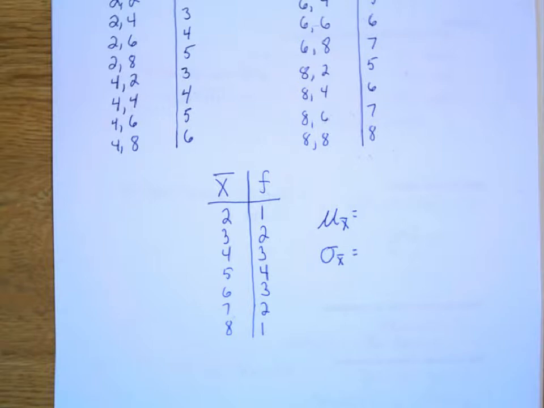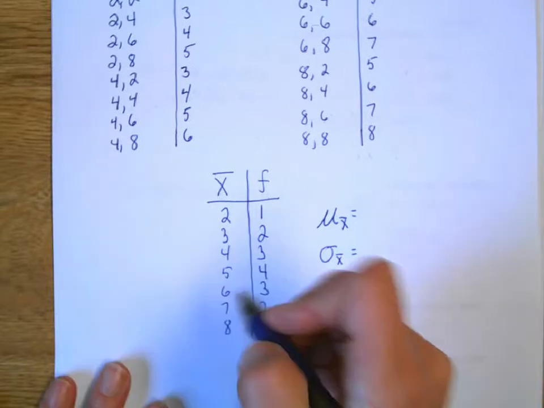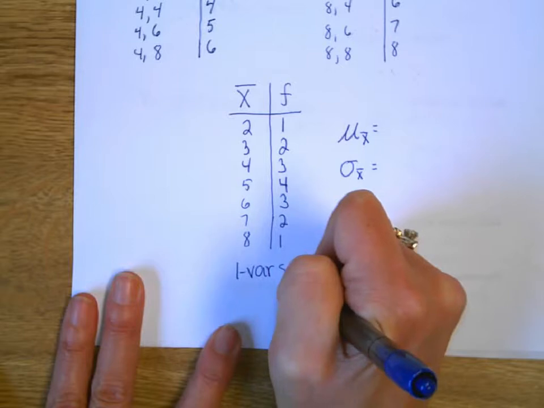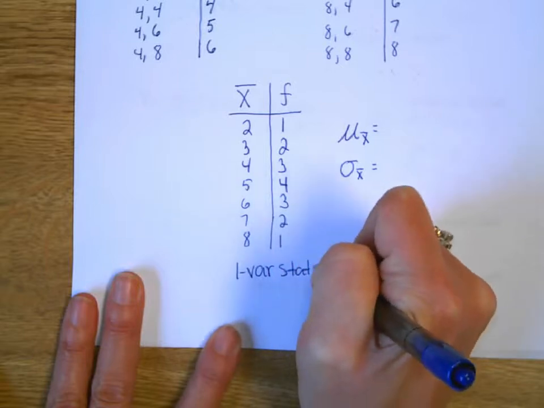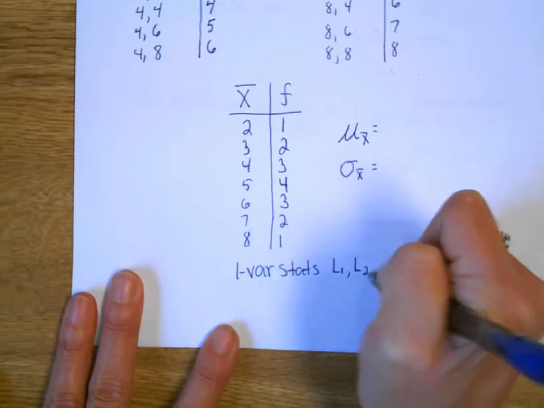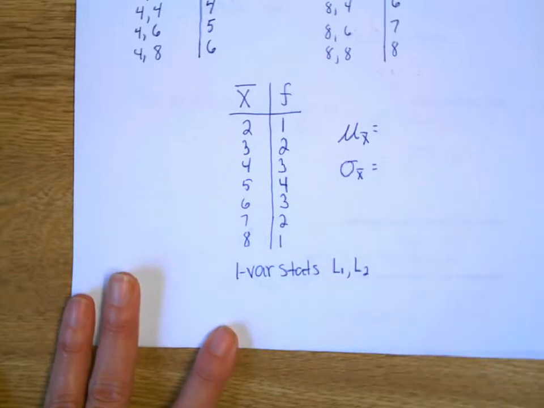Now this time you will have a frequency list, Kenley, because we're going to put it in. So we'll run 1 var stats. I don't have a list 2. Do you have a list 3? Yeah. Then use that one. And I'll show you how to get your list 2 back later.